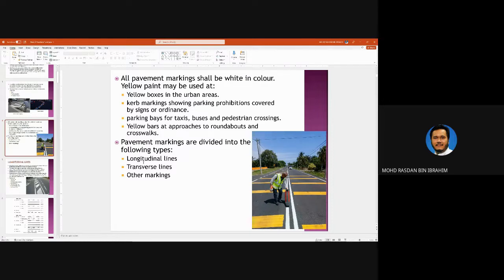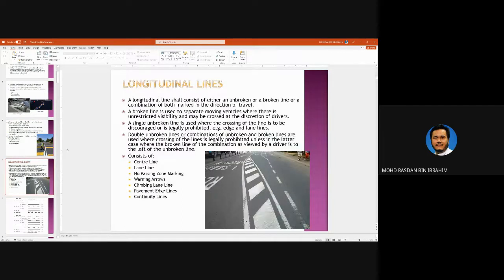Longitudinal lines are the lines that run parallel with the road, and you have transverse lines that go across. Longitudinal lines consist of either broken or unbroken lines, or a combination of both.